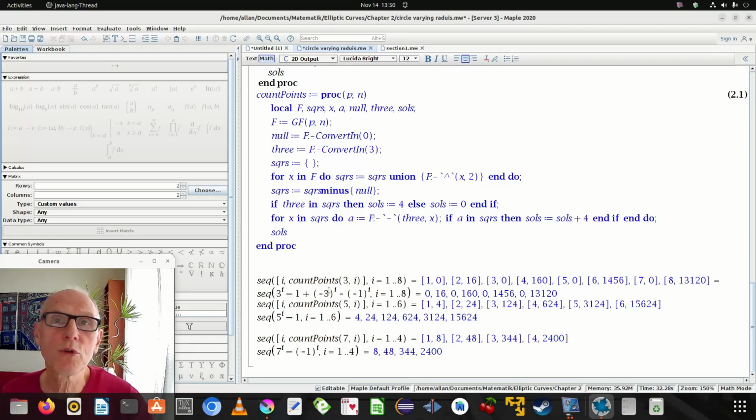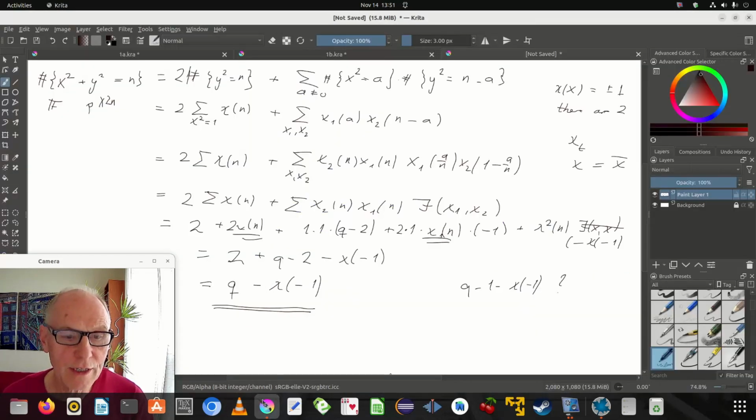I did compute those as well, but I won't waste your time doing that. But here with 5, it's minus 1, and with 7 it's minus 1 to the power r. I should have written r, but never mind. So that means that the formula I got here actually is the right one.